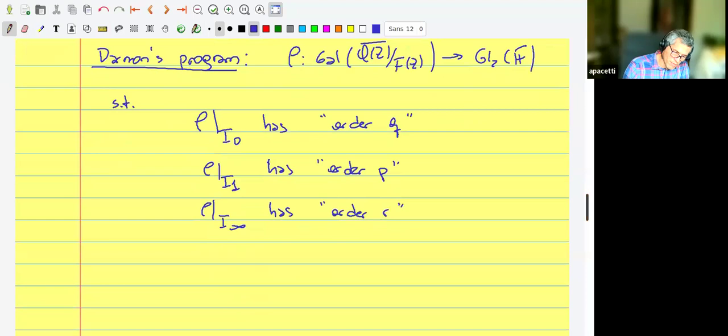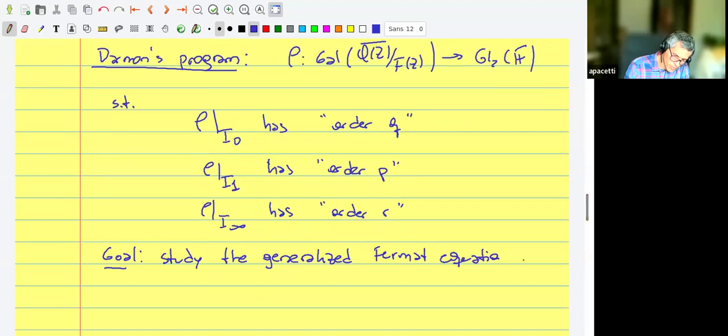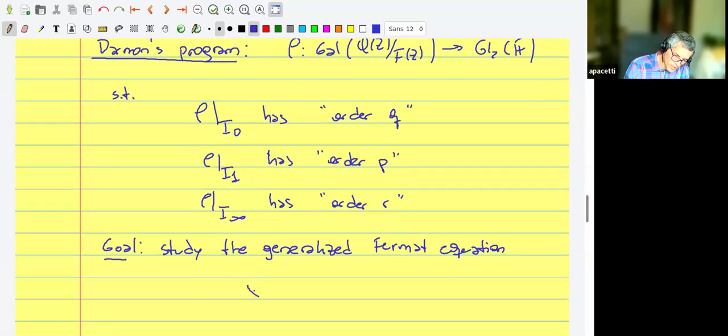So why do I want 3 different exponents? The goal is to study the generalized Fermat equation. So you start with 3 different exponents: x to the q plus y to the p plus z to the r equals 0. Okay?